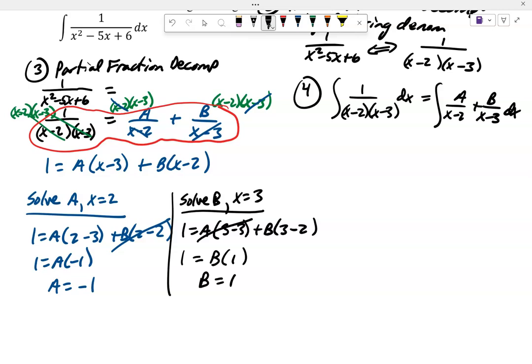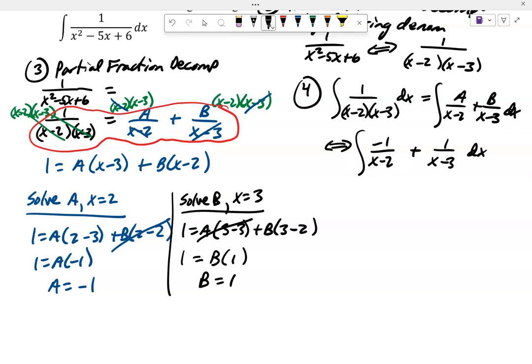But we solved for a and b. Now we know a is -1 and b is 1. All right, so that's how you get to that partial fraction decomposition.